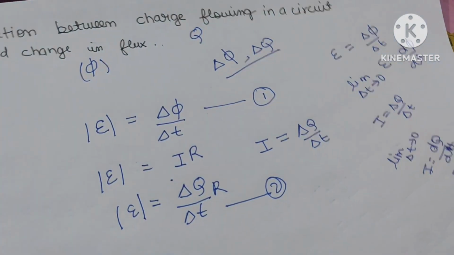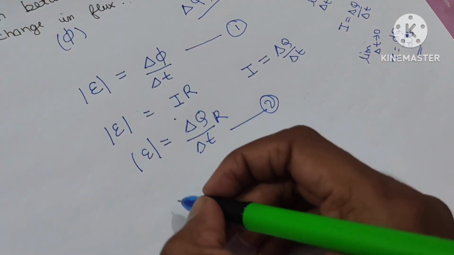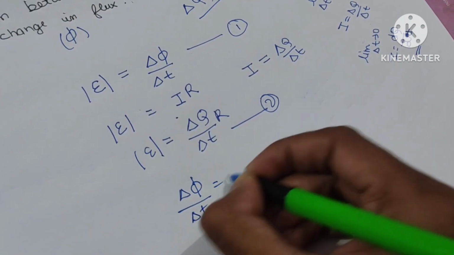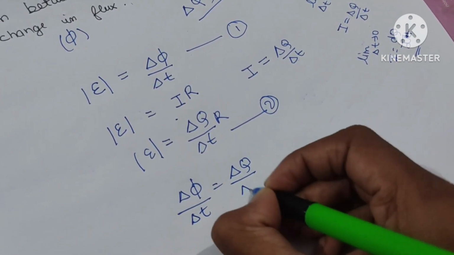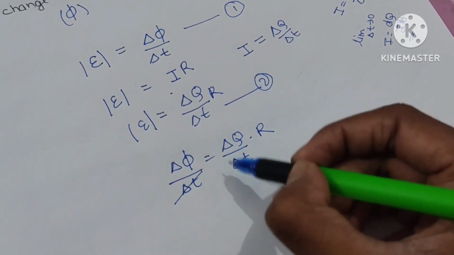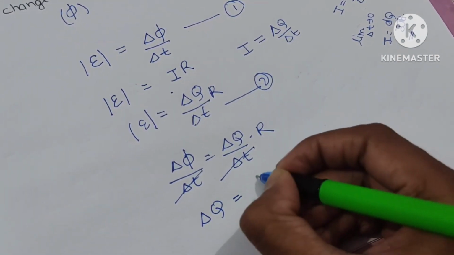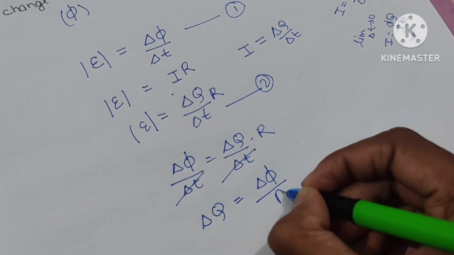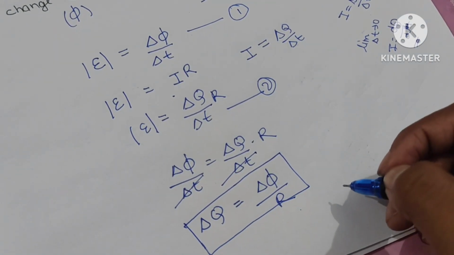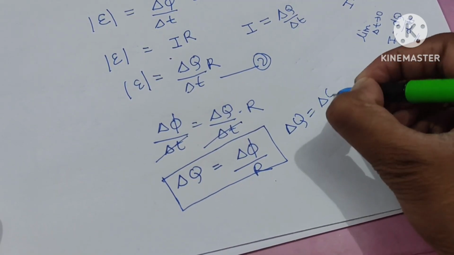Now equate equation 1 and equation 2. When you equate them, you will get del phi by del t equal to del Q by del t into R. Here you can cancel the del t, and finally we are left with del Q is equal to del phi by R. This is what we derived.